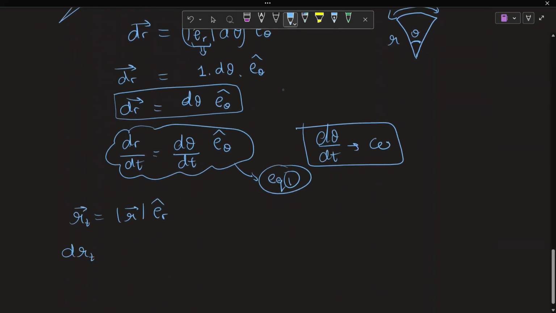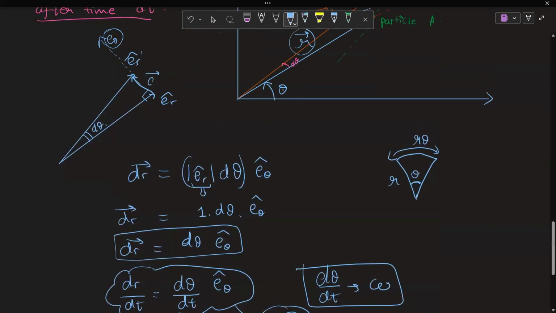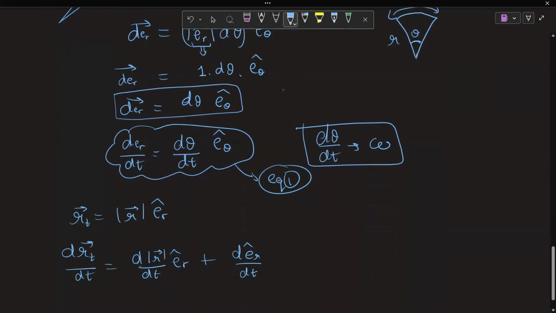So dr at any time t upon dt is equal to d magnitude of r by dt into er cap plus, for the change in direction, der by dt, it is der, not dr, multiplied by the magnitude of r.